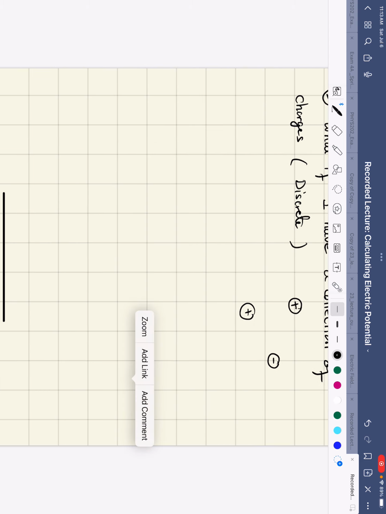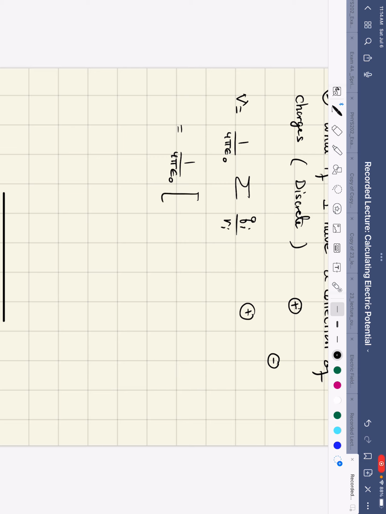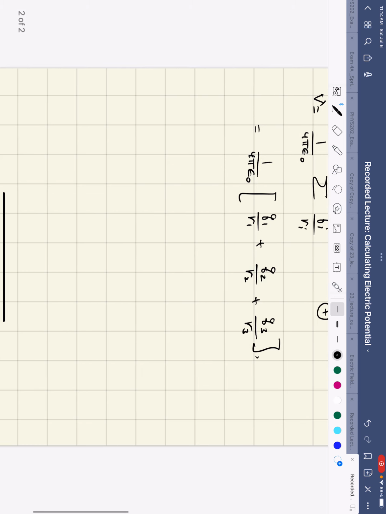Here V is calculated as just the algebraic sum of all the Qi over Ri. So it is 1 over 4 pi epsilon 0 times Q1 over R1 plus Q2 over R2 plus Q3 over R3. This was discussed in the lecture; I'm just summarizing here, not presenting new material.